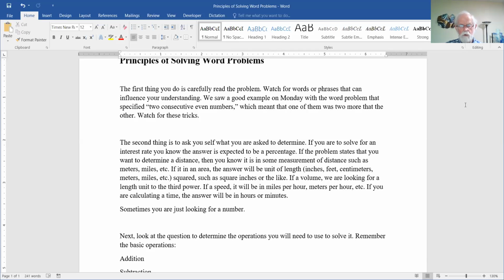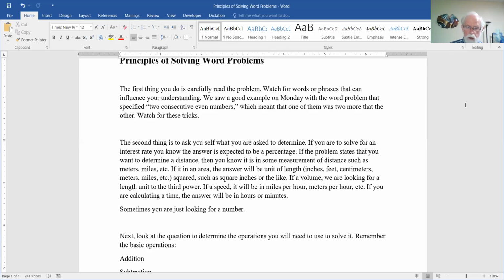You need to watch out for words or phrases that can influence you. We saw this on Monday with the word problem that specified 2 consecutive even numbers. This, of course, is very different than just 2 consecutive numbers, because the difference between the 2 consecutive even numbers is 2.